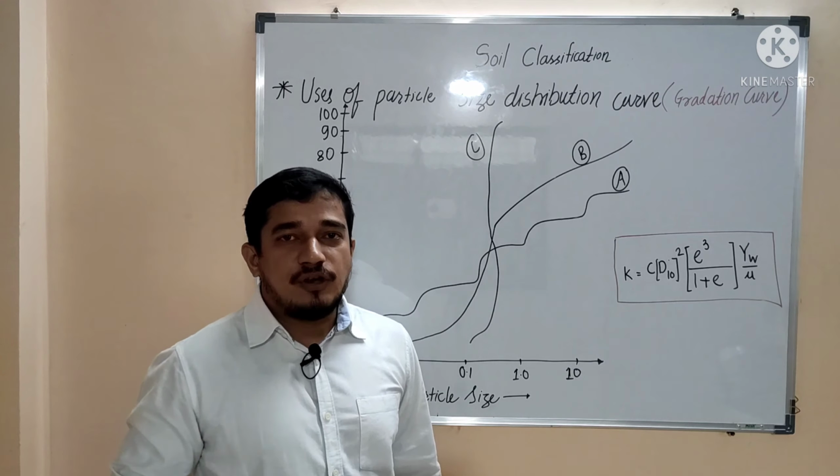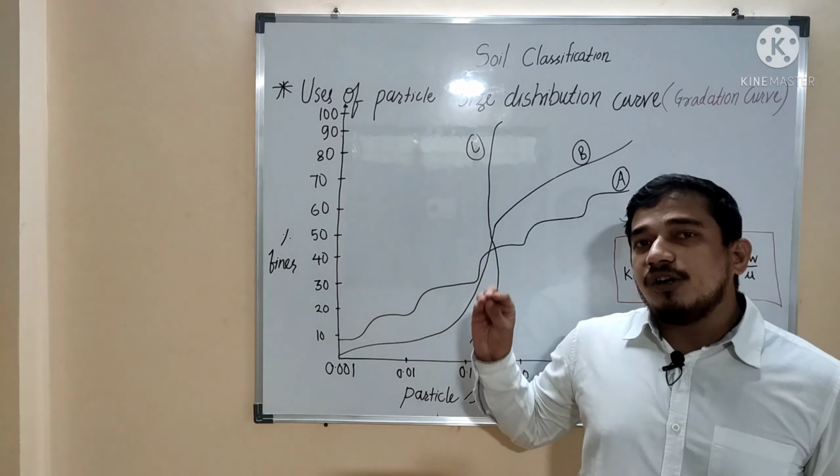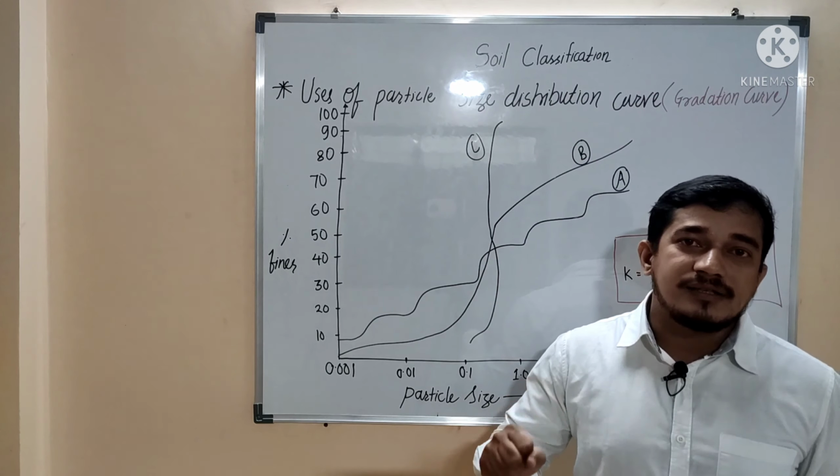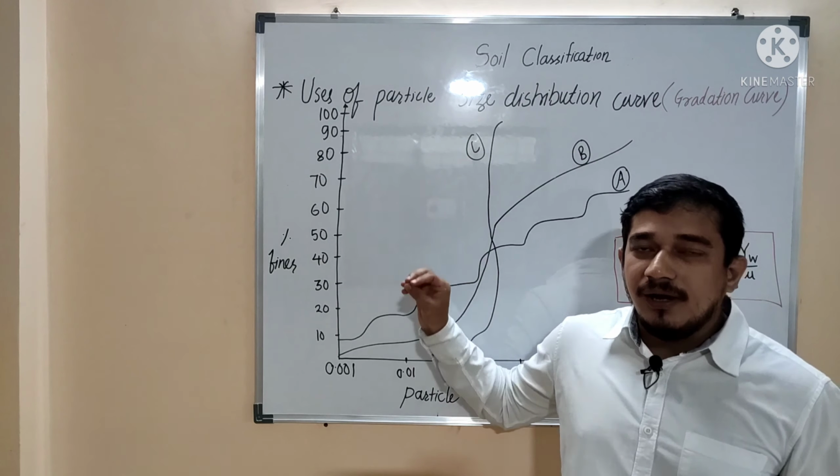Density of a soil mass can also be indicated by this curve. Another most important thing is shear strength. The shear strength of the soil also depends on the particle size distribution curve. A well graded soil will have more shear strength as compared to the uniformly graded soil and skip or gap graded soil.